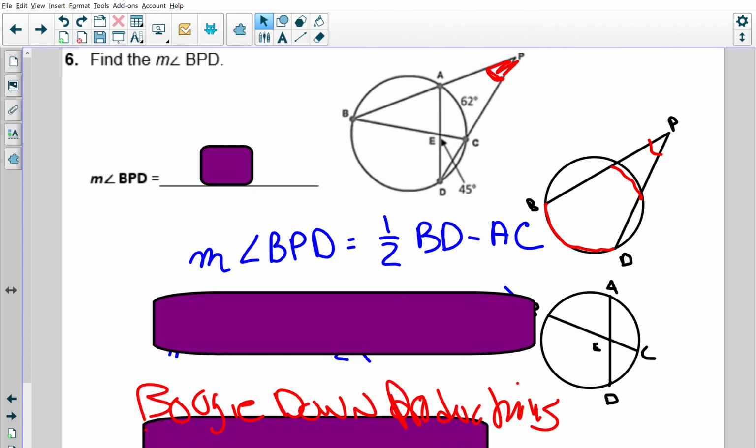All right? Well, what do we know? We do know that this is 62 degrees. But we don't know what BD is. So in order to get angle P, we need to get BD. Well, what else can we do to bring BD into the equation?